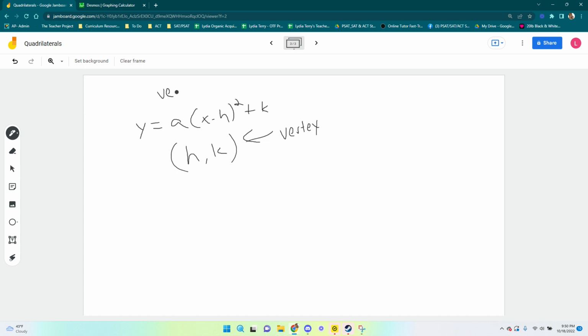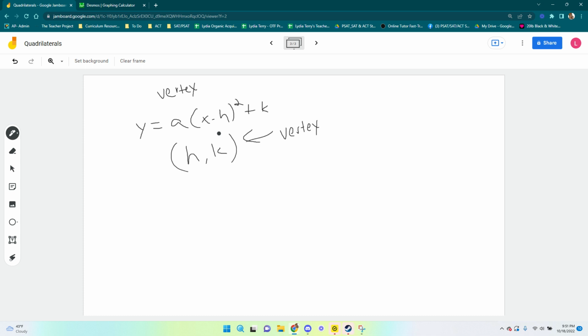So we call this the vertex form. It's very similar to how in linear algebra you can tell very quickly the shape, or what you can eyeball in your mind, by looking at the slope-intercept form of the line.